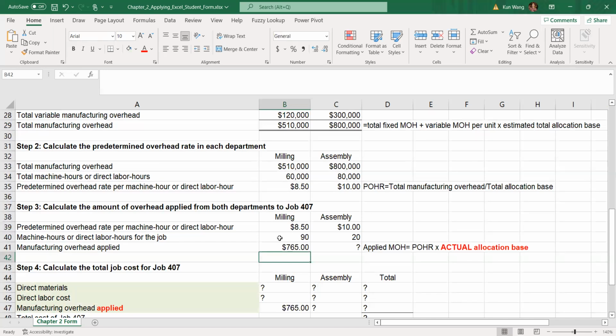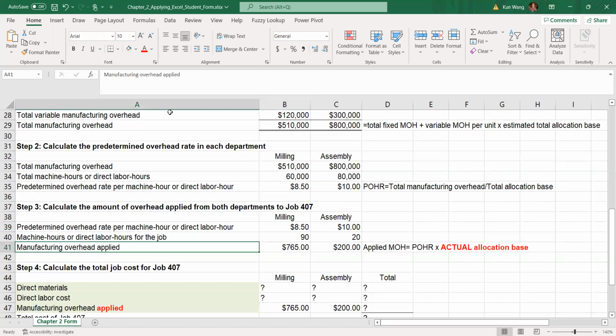So 765 for the milling department, and I can paste to the assembly, 200. So more overhead for the milling department and much less for assembly.